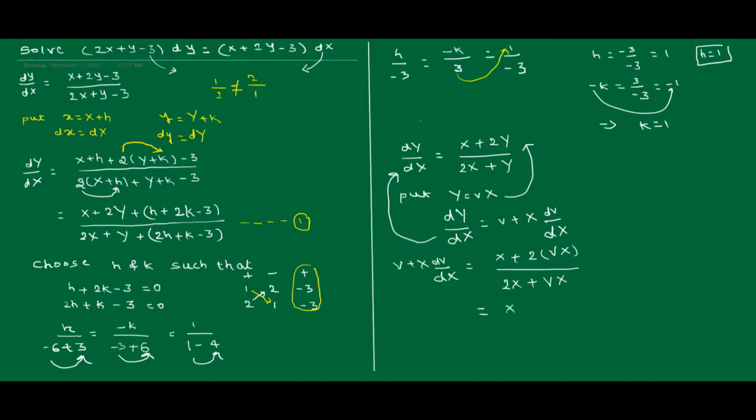Here you can take x common. If you take x common, we are left with 1 plus 2v in numerator divided by, if you take x common in denominator, we are left with 2 plus v, where this x and x get cancelled.